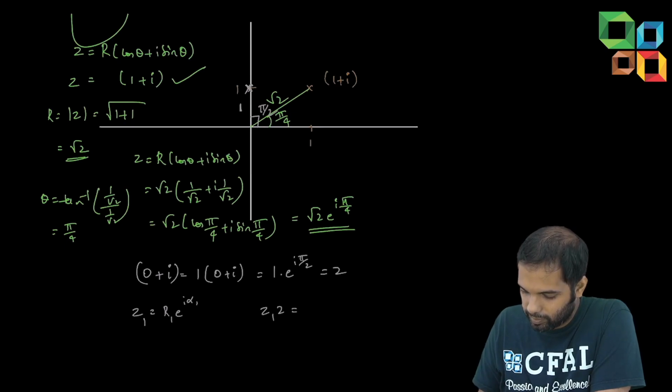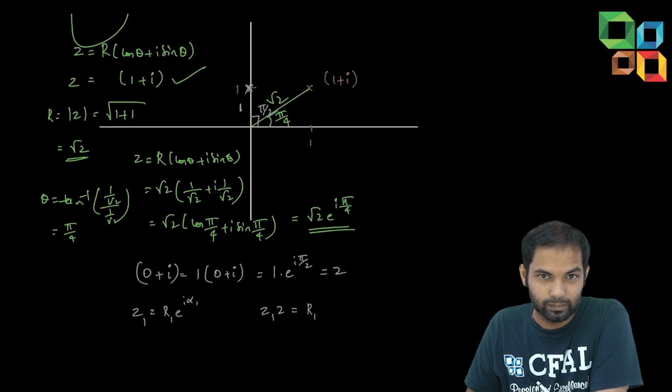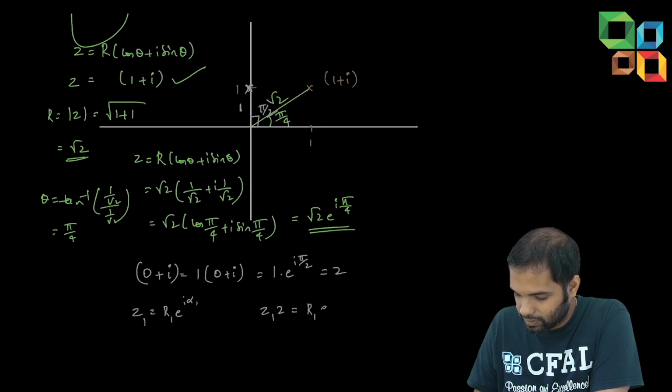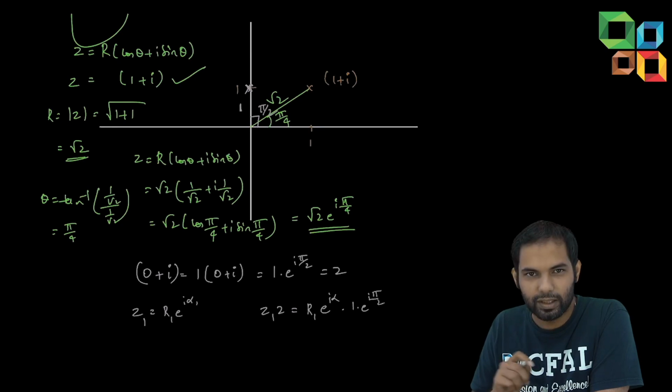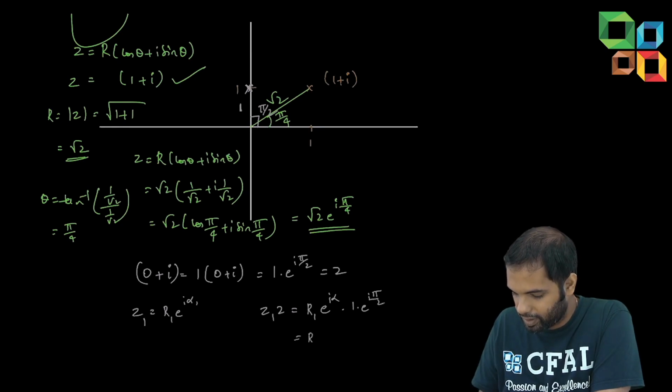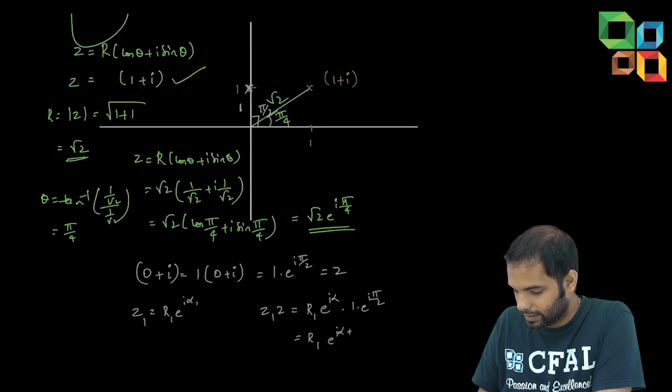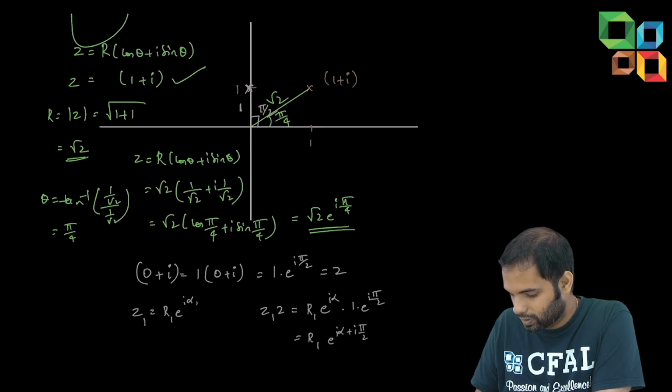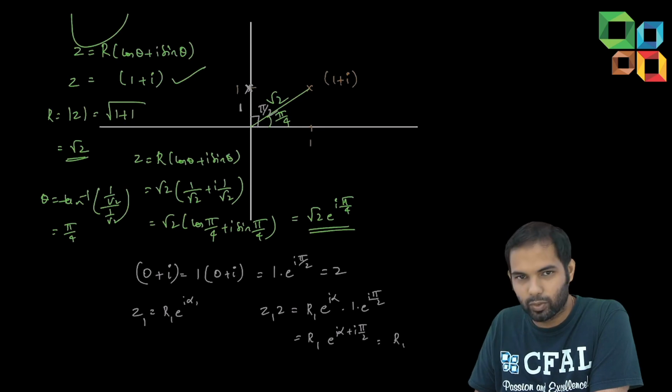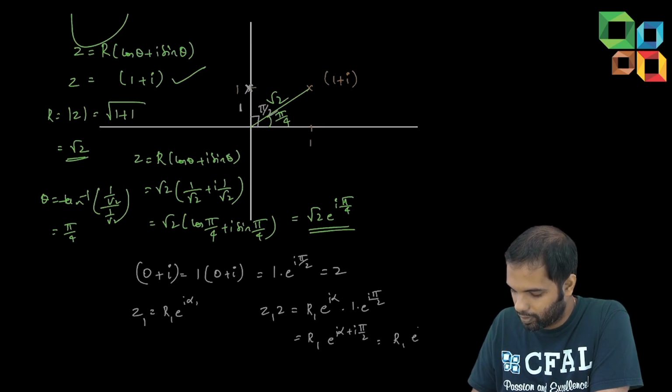The magnitude remains the same because it's r1 and the other magnitude is 1. The angle part is e power i alpha times e power i pi by 2. Just combining the terms, r1 into 1 is r1, and e power i alpha plus i pi by 2. What you are getting is a new complex number, r1 times e power i into alpha plus pi by 2.